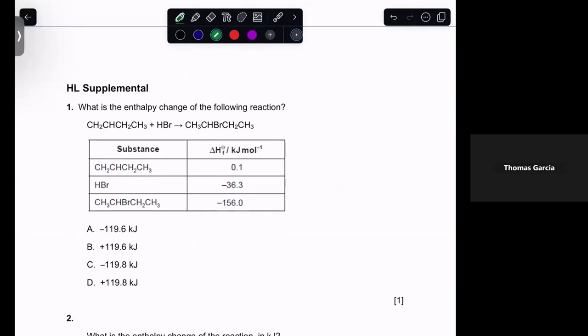For HL, we need to really know our enthalpy of formation and enthalpy of combustion reactions. This is an enthalpy of formation. We note for a couple reasons. One, they said delta H standard F. Number two, we're going from something smaller to something bigger, which means we're forming. So because this is formation, our equation should be products minus reactants.